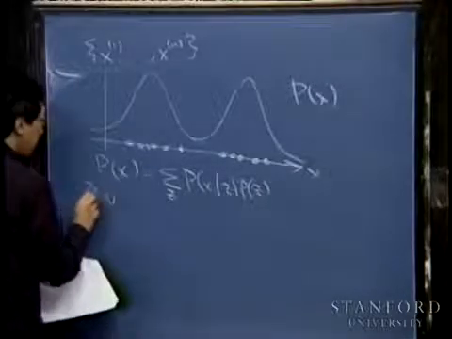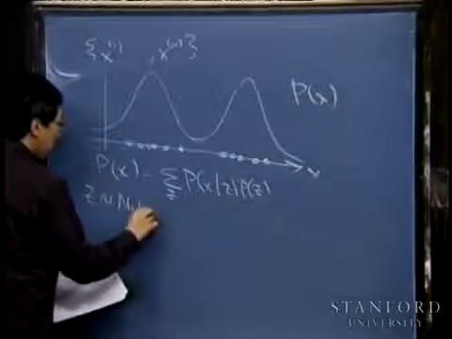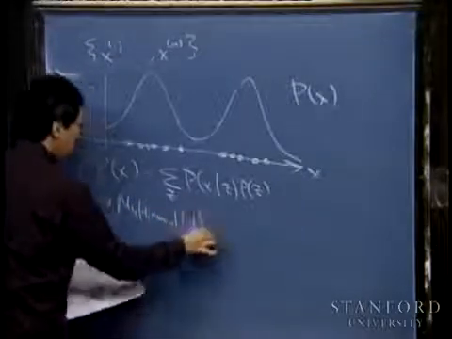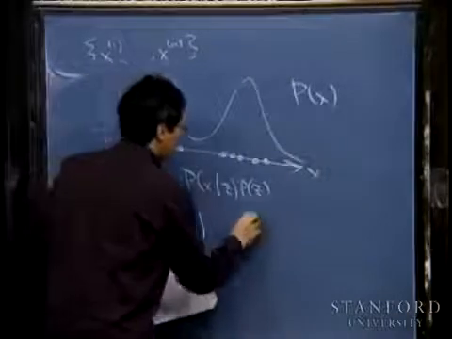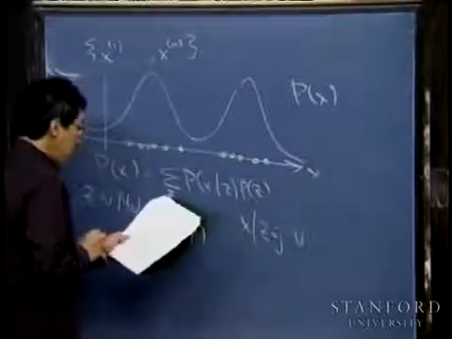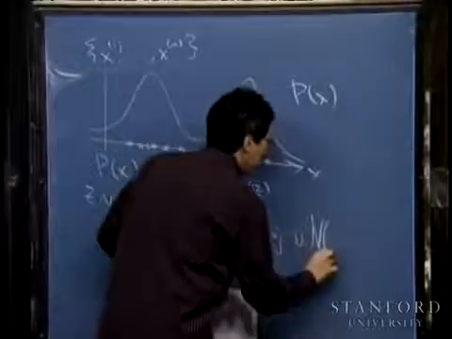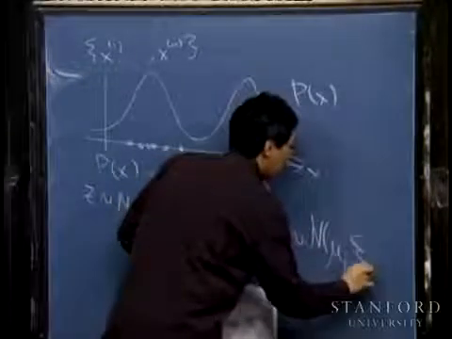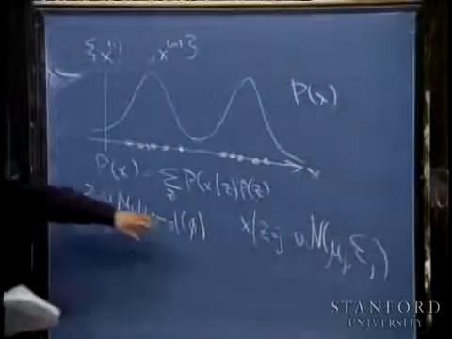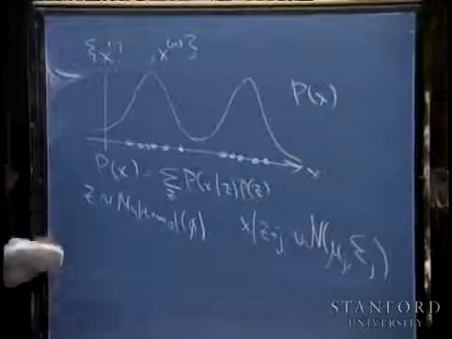So z was multinomial with parameter phi, say, and x conditioned on it coming from the jth Gaussian was given by a Gaussian with mean mu j and covariance sigma j.